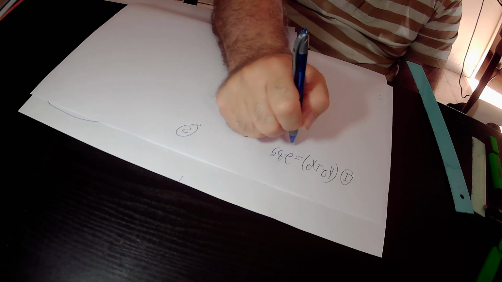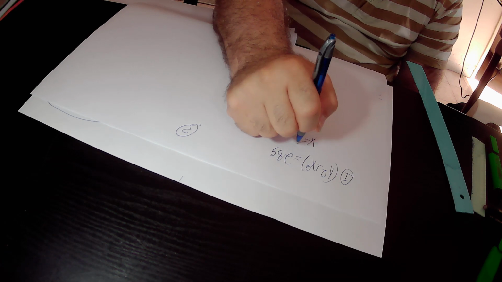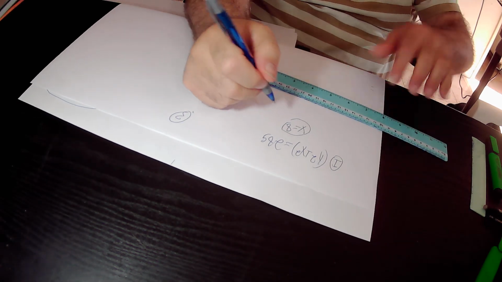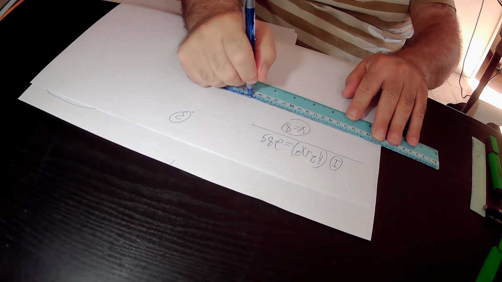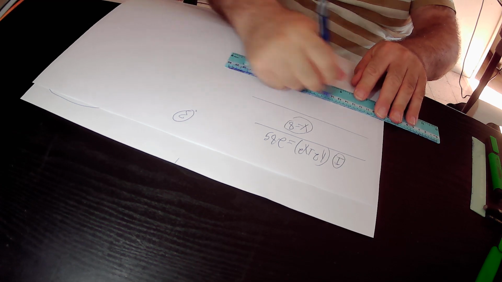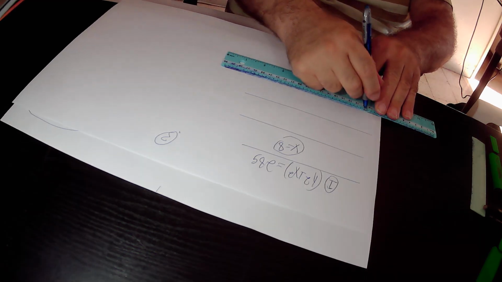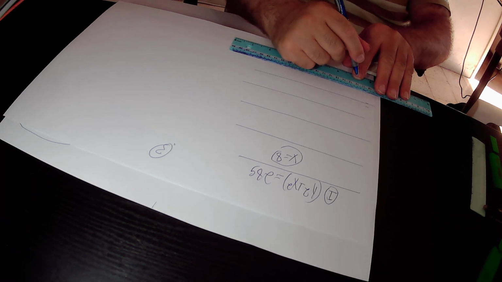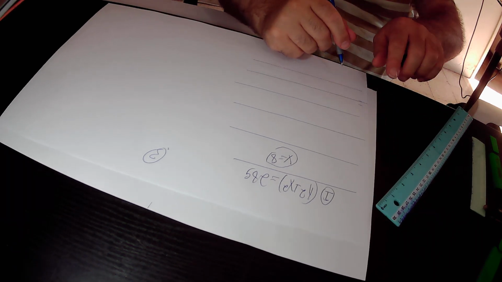We just right now found out that x equals 8. If x equals 8, it means that x squared equals 8 squared, that is 64.